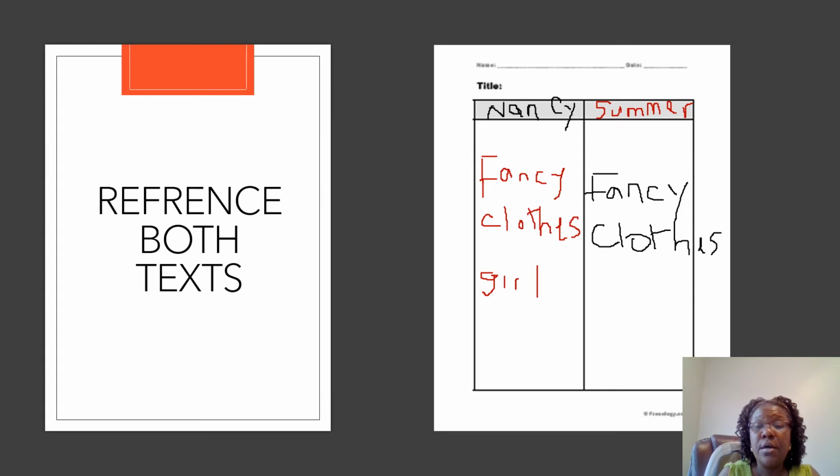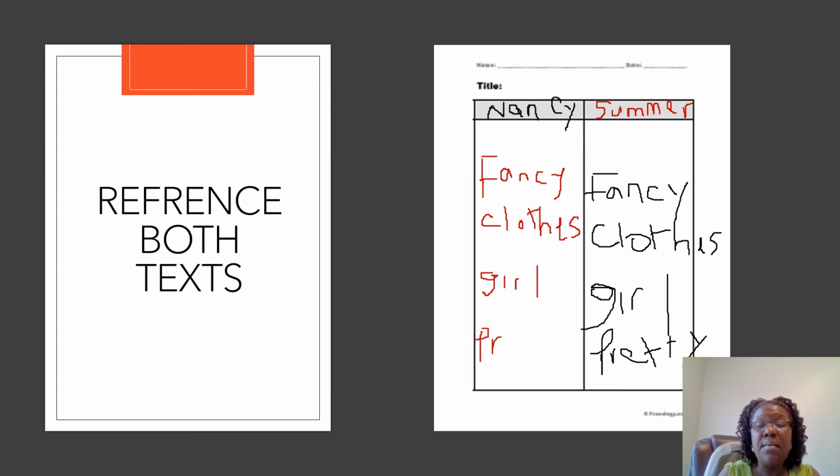She's a girl. And I'm gonna write she's pretty, right? Ooh, gee Louise. I don't like to write with this thing. And then I'm gonna go on Fancy Nancy. She's also pretty.